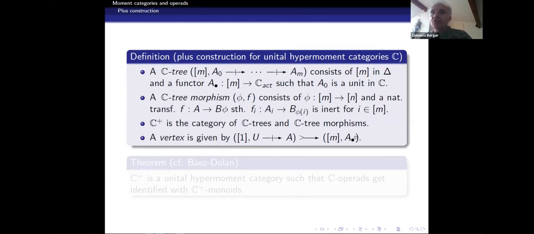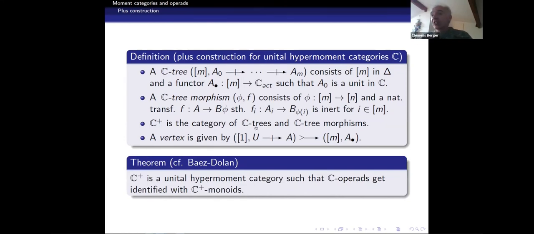So there is some kind of Joyal duality which is hidden here, because you see that a vertex is normally something of dimension 0, and here it seems to be of dimension 1. So there is a Joyal duality which is hidden there.